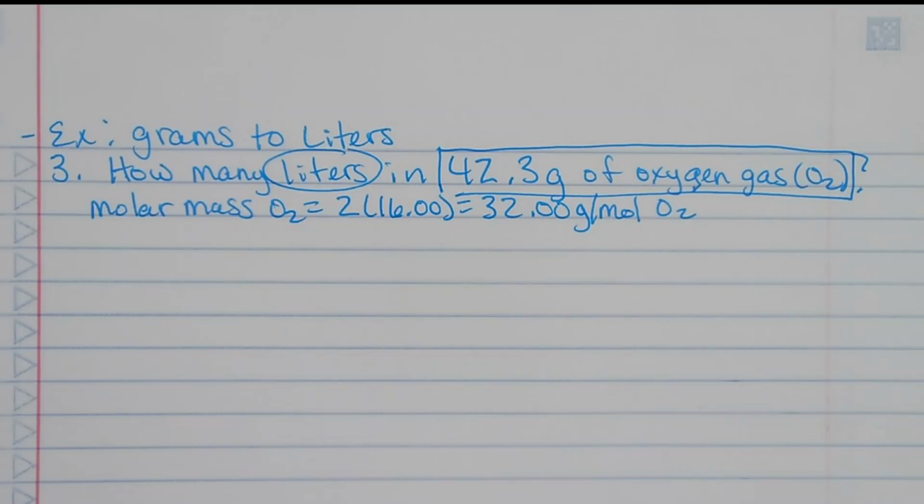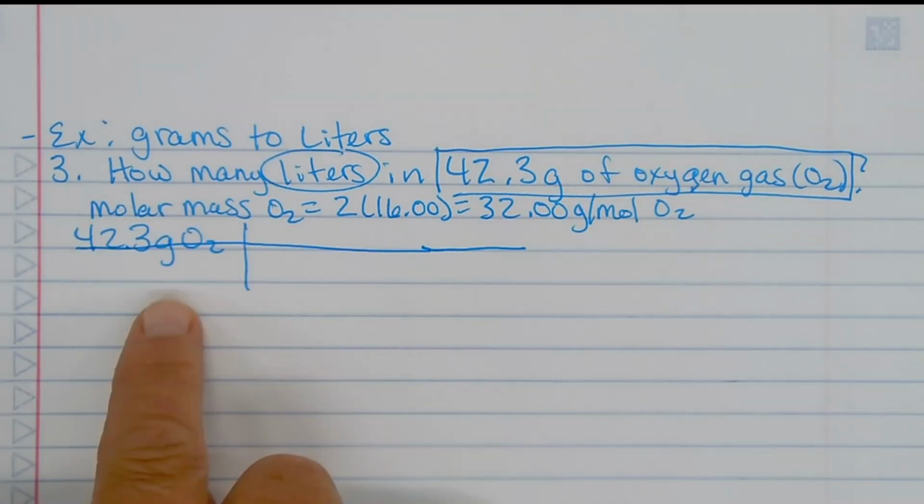So we're going to put in our given. When you add a train track, you have to know where you're starting. So I'm starting with grams. Is there a direct conversion from grams to liters? Did I ever give you one?